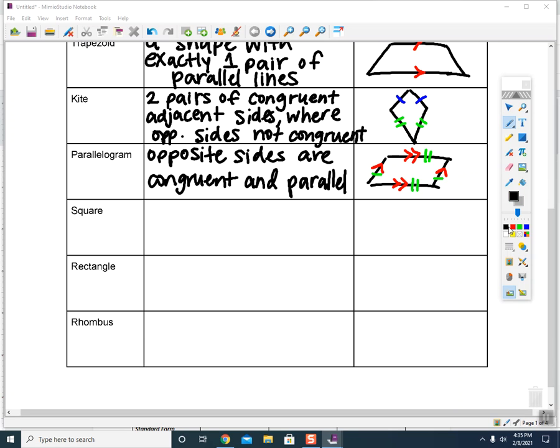Okay, a square. This may feel like, duh, Mrs. Olson, I know what a square is, but it's important to make these distinctions, because we have a specific way that we talk about squares. So a square is when I have four congruent sides and four right angles.